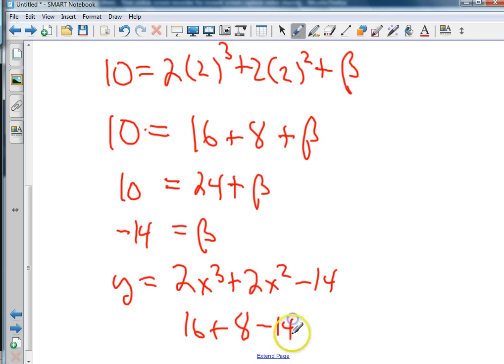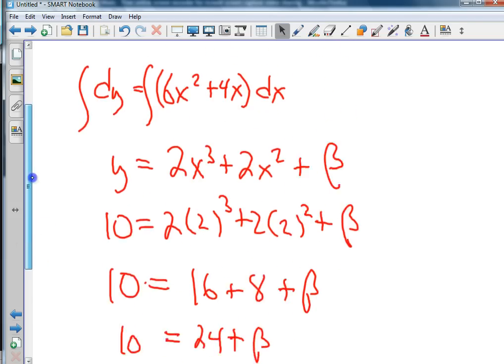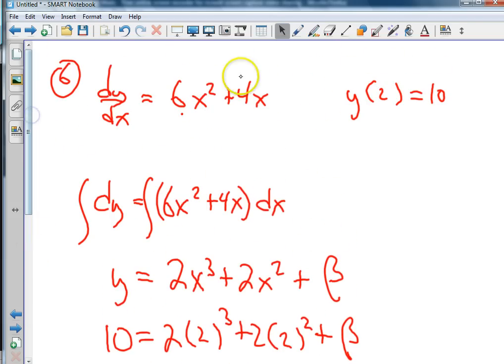Minus 14, is it 10? It is, because 24 minus 14 is 10. We engineered it that way, but, just checking. So that's the particular curve that goes through that point and has that rate of change we started off with. Remember, this derivative is a rate of change.